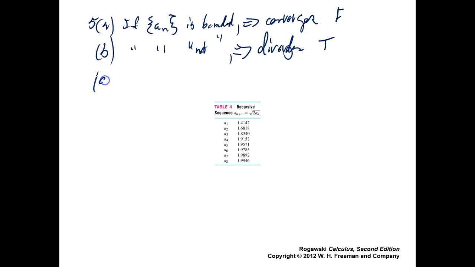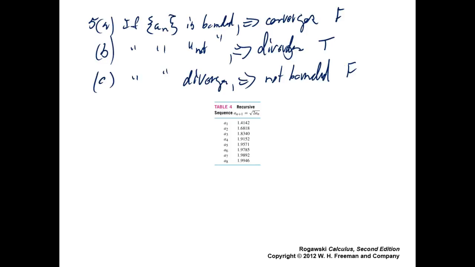C. That means yes in Spanish, right? Okay, if a sub n diverges, then it is not bounded. That would be false also. Can you give a counterexample?